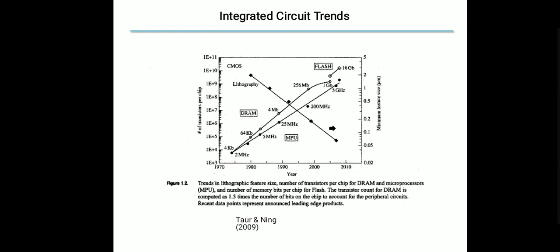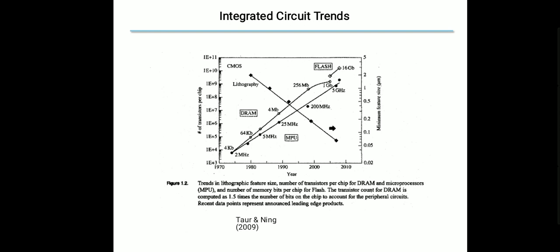Now, integrated circuit trends, where we see the graphs of transistors per chip and minimum feature size per year. These are trends in lithographic feature size, number of transistors per chip for DRAM and microprocessor MPU, microprocessor units, and number of memory bits per chip for flash.